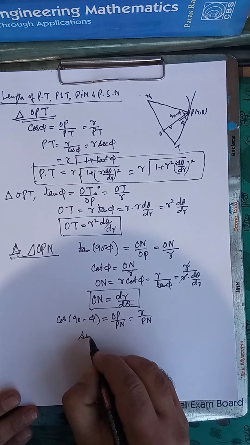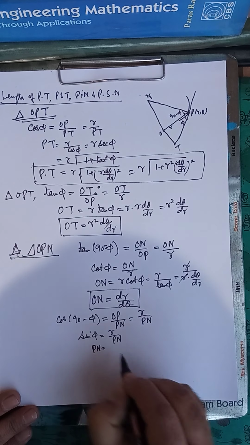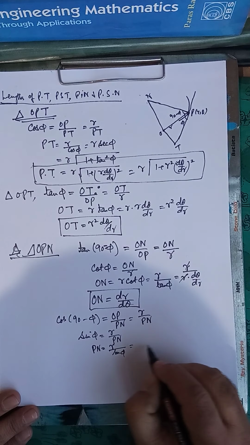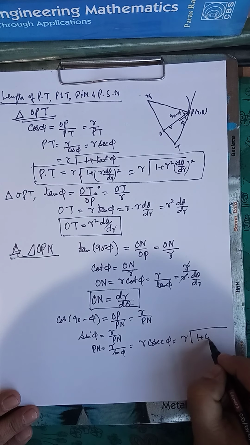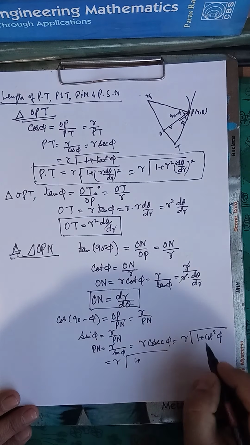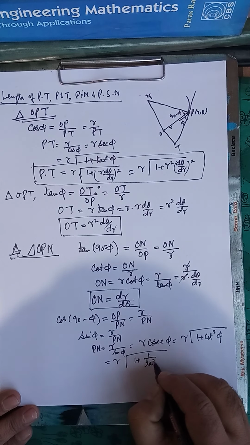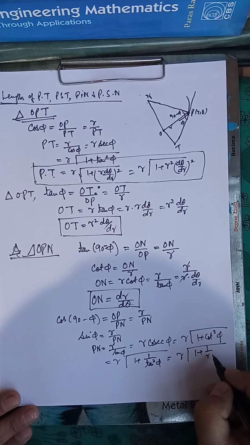It is sine phi. So r by PN gives PN equal to r by sine phi, which is r cosecant phi. But cosecant square phi is 1 plus cot square phi. So this is r times the square root of 1 plus 1 upon tan square phi. Tan phi is r d theta by dr. So this is 1 plus 1 by r square (dr by d theta) whole square.